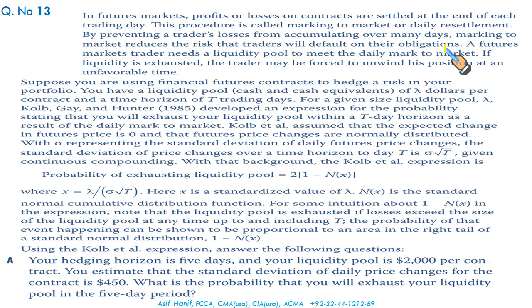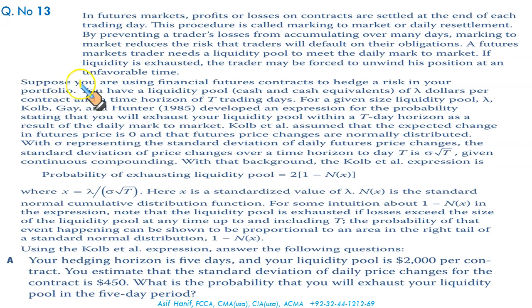Because the futures market is highly leveraged, a trader can't be allowed to carry on losses. It is settled on a daily basis. A futures market trader needs a liquidity pool to meet the daily mark to market. If liquidity is exhausted, the trader may be forced to unwind his position at an unfavorable time, incurring further losses.